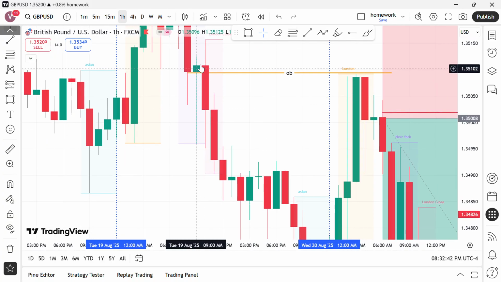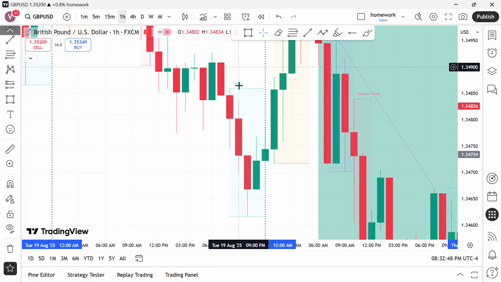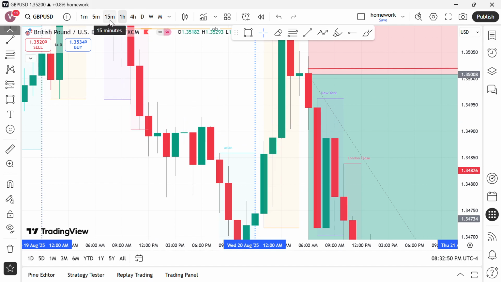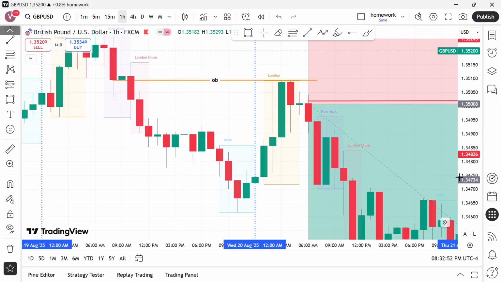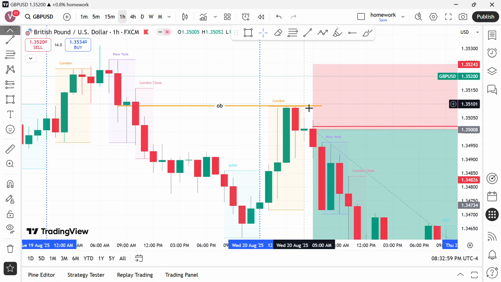After that, you will see this green candle being broken downwards, all these red candles, and nothing much happening in the Asian session. But in the London session of Wednesday, you will see it retracing up till a certain point.